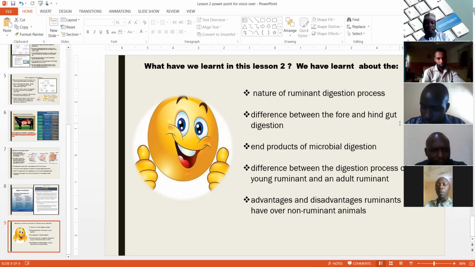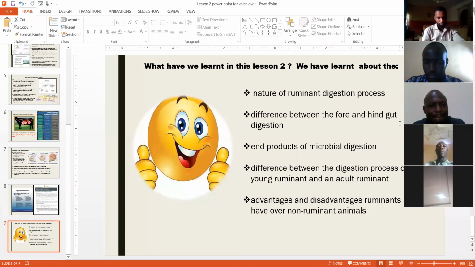That is to say, if you give bacteria something to digest, they digest it to a form they can utilize. But because they are within the system of the rumen, the wall of the rumen can absorb this material, and the animal uses it to produce energy. It is not like a product you can harvest.